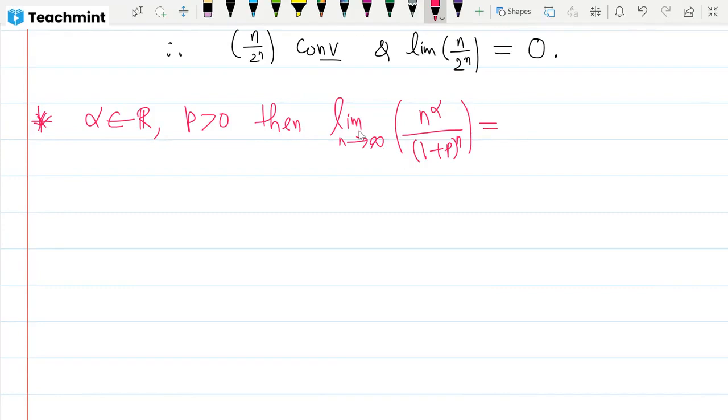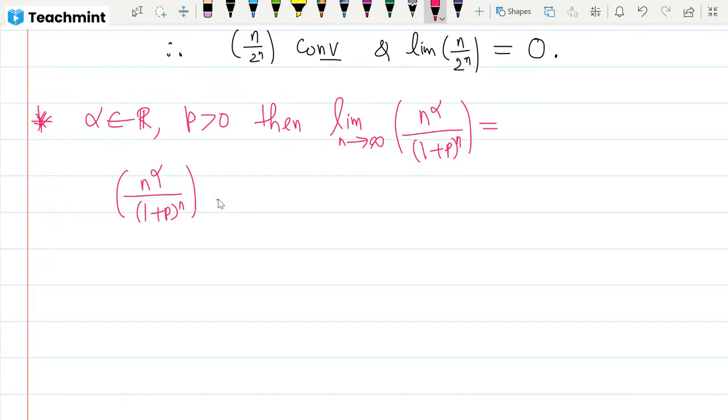Or I will rewrite the same question as: test the convergence of this sequence n power alpha over (1 plus p) whole power n. Now I am studying the convergence or divergence of this sequence.